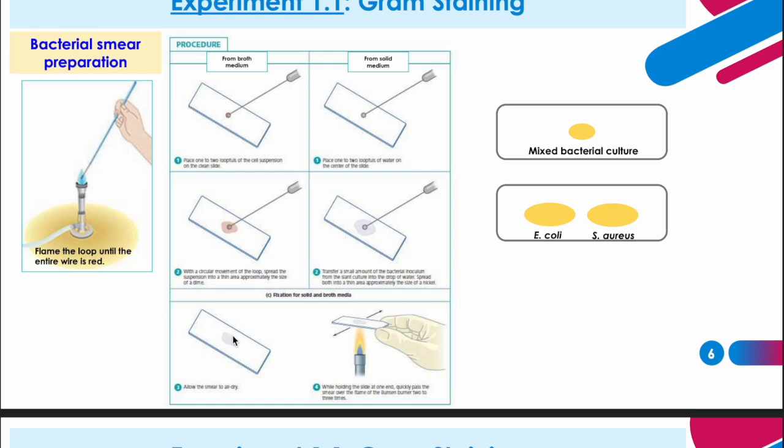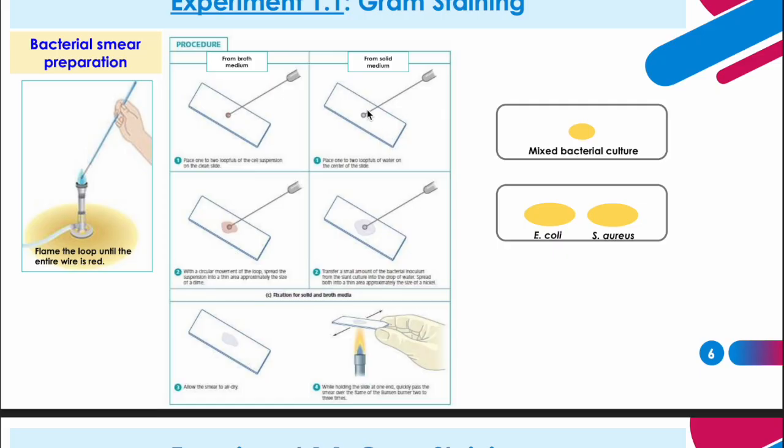After it dries, don't forget to flame heat fix the slide before you stain it. For solid media, you can use a drop of water and place it at the edge of the slide first.